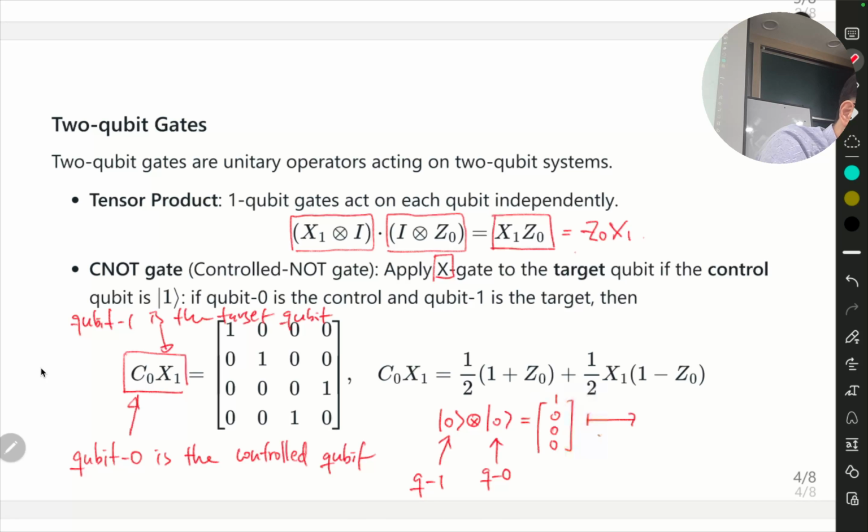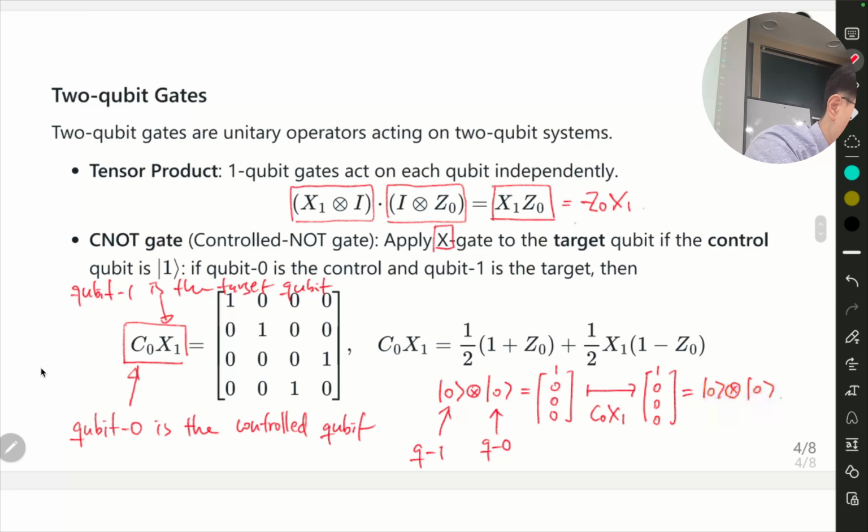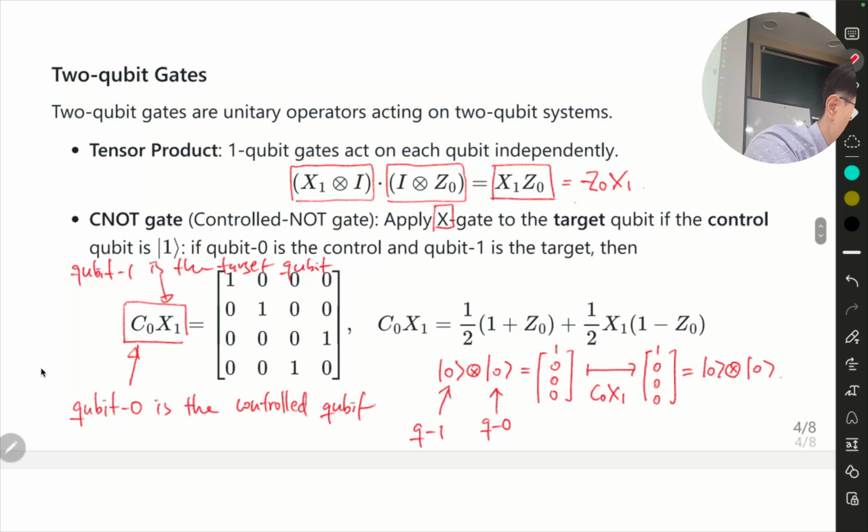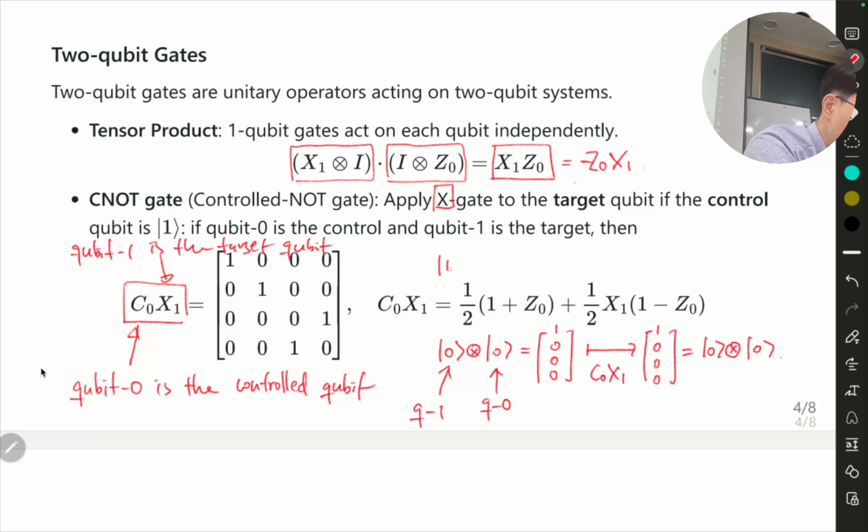So when you apply C0X1, the control qubit 0 is in the state 0, so you don't do anything on the target qubit. So it goes to 1, 0, 0, 0, which is the same as the original state. How about when you have 1, 0 here?